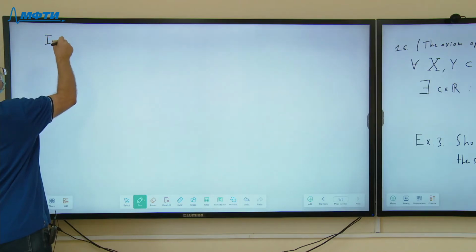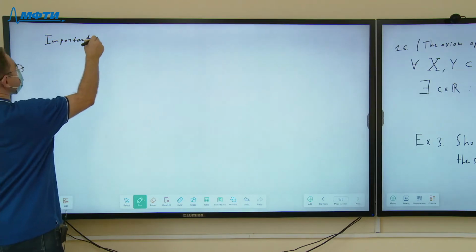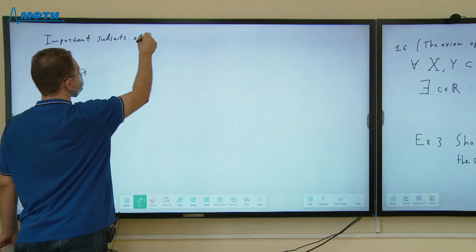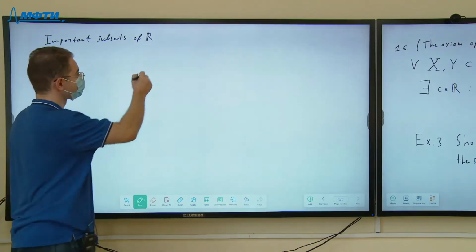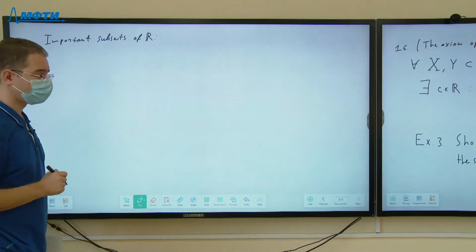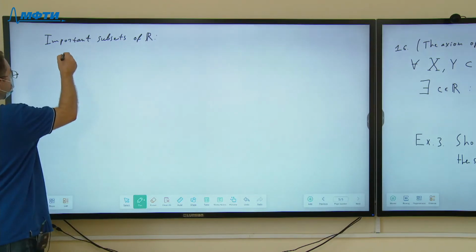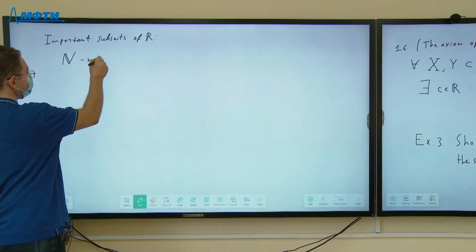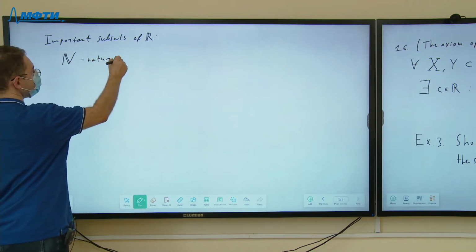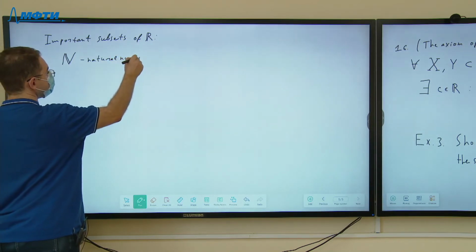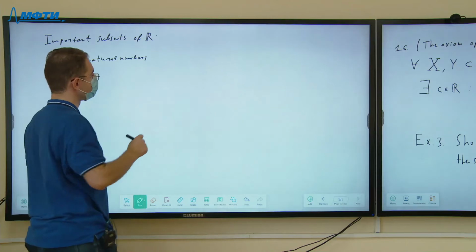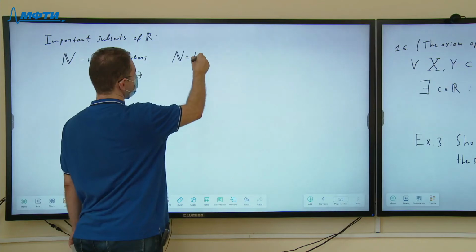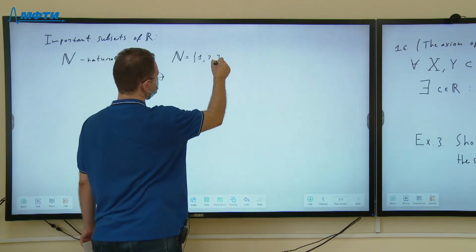Some important subsets of the set of real numbers. We have a set of natural numbers. This set is defined like this: 1, 2, 3, and so on.